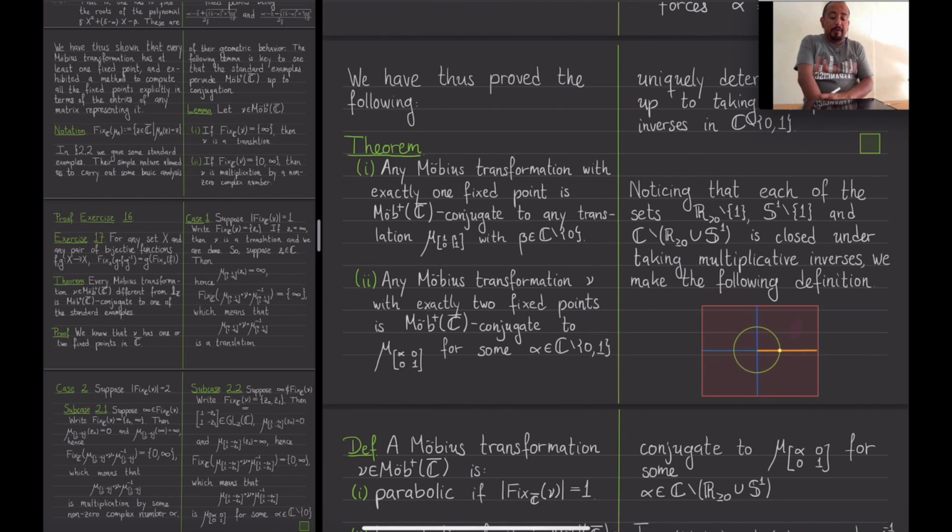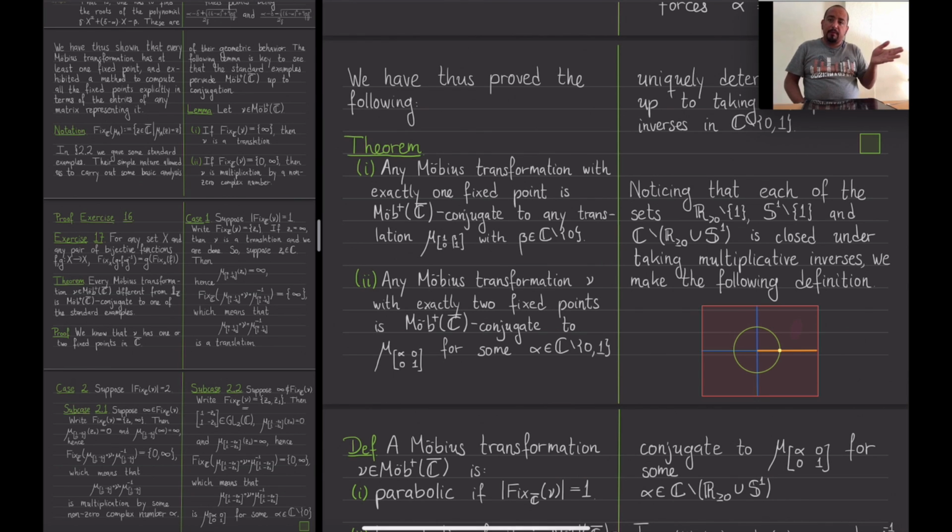And what we see, to summarize now, is that all Möbius transformations that have exactly one fixed point are conjugate. So if you give me two Möbius transformations, each one of which has exactly one fixed point, even if the fixed point is not the same, then they are conjugate.